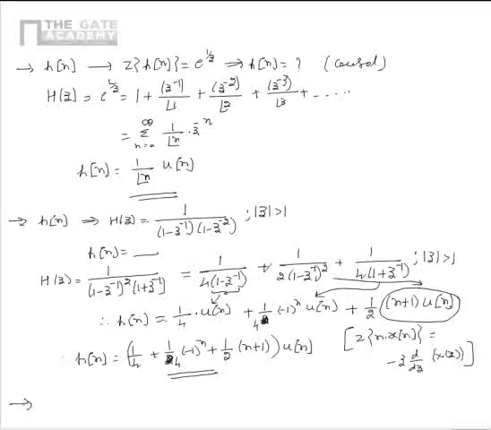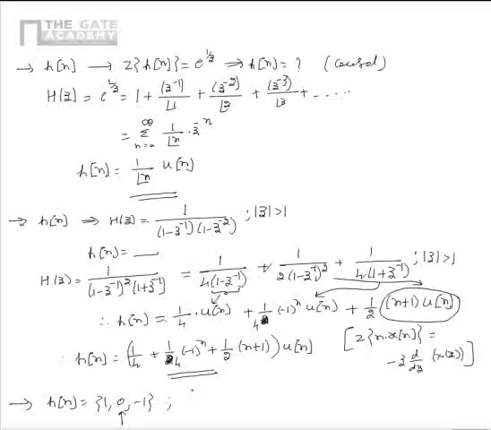Now let us consider another problem as per which it is given that there is an LTI system of impulse response h(n) equal to 1, 0, -1. Sorry, please note that here the value 0 corresponds to the instant n = 0.